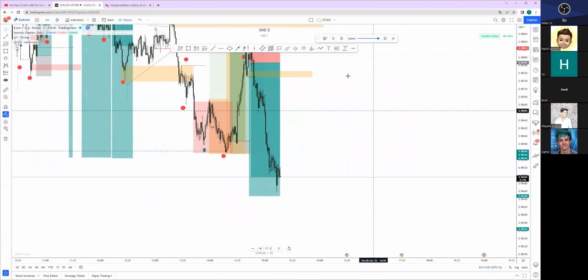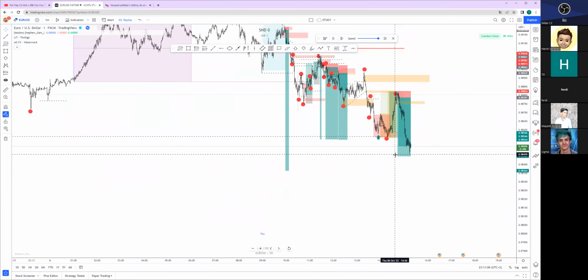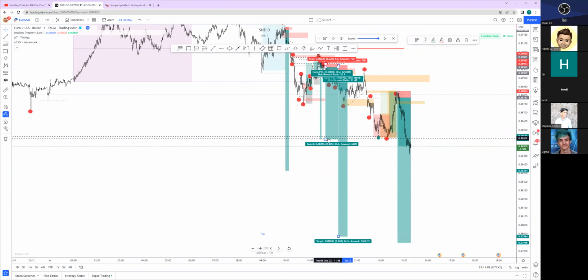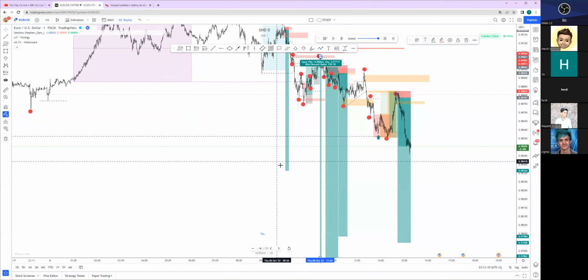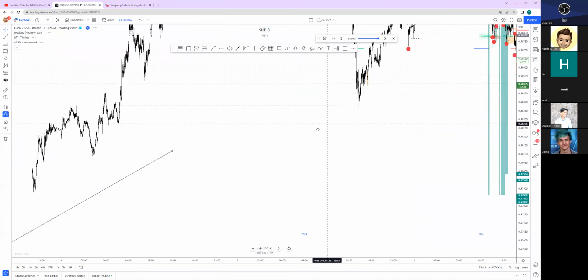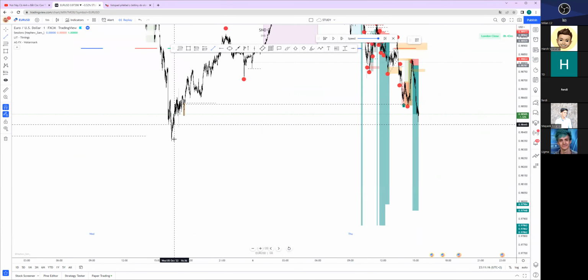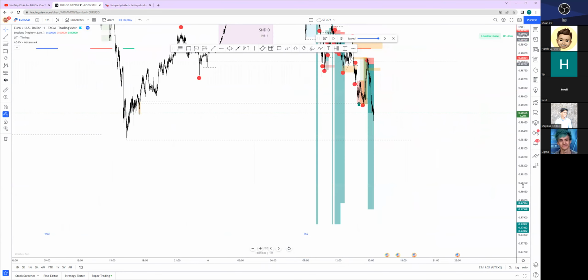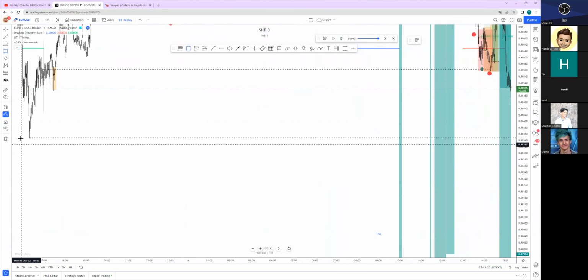So yeah, I think these are all the trades of the day that I took. Also, I had losing ones, but I covered those. And now your target would just be this. And any reversal from here would just be an SNC trap, which you can enter from.